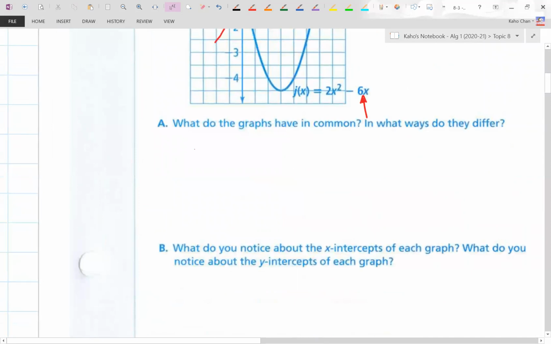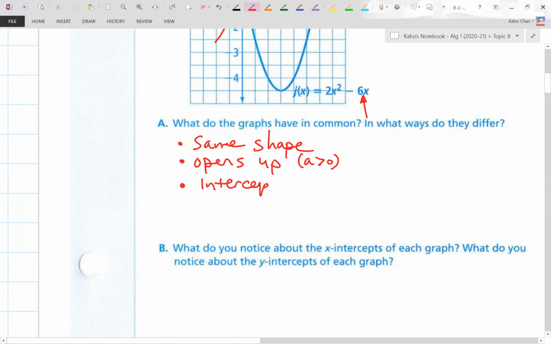Well, they're all parabolas, which means they have the same shape. Great. They all open up, simply because a is greater than 0 or positive, the leading coefficient. And one of the intercepts is at the origin, meaning 0, 0.